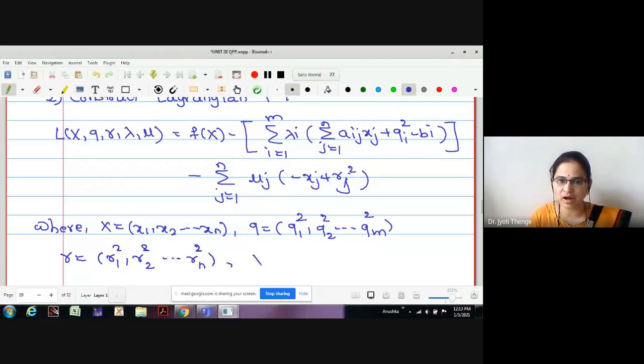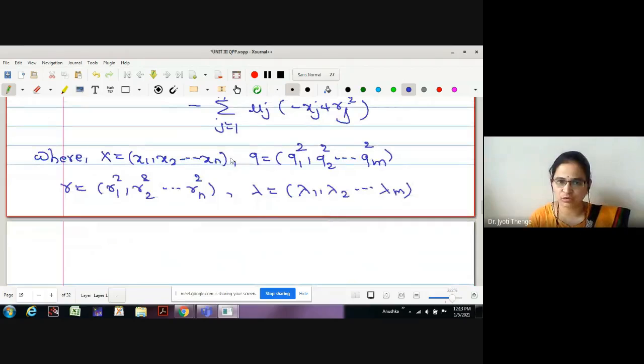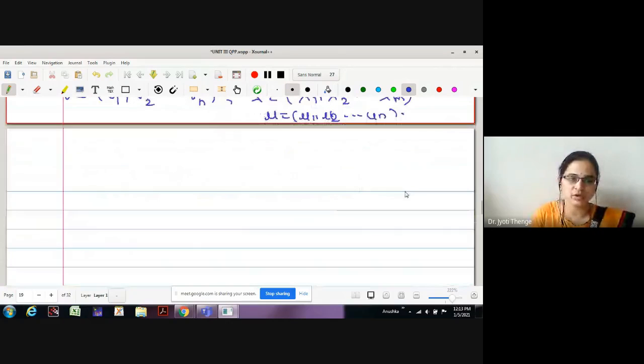Lambda is lambda 1, lambda 2 to lambda m. And mu is mu1, mu2 to mu n. Next is what we were going to do.